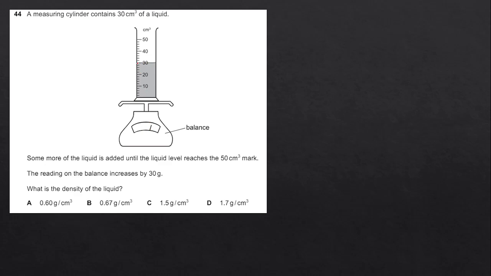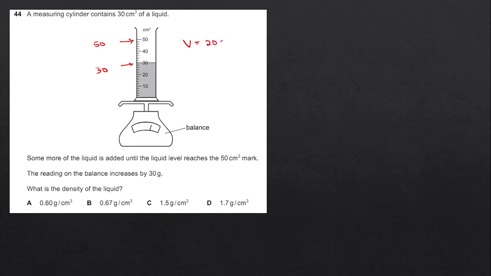Now we have added some more liquid, so the liquid reaches the 50 cm cube mark. We had an initial volume of 30 cm cube, so we are adding 50 minus 30, which is 20 cm cube of liquid.